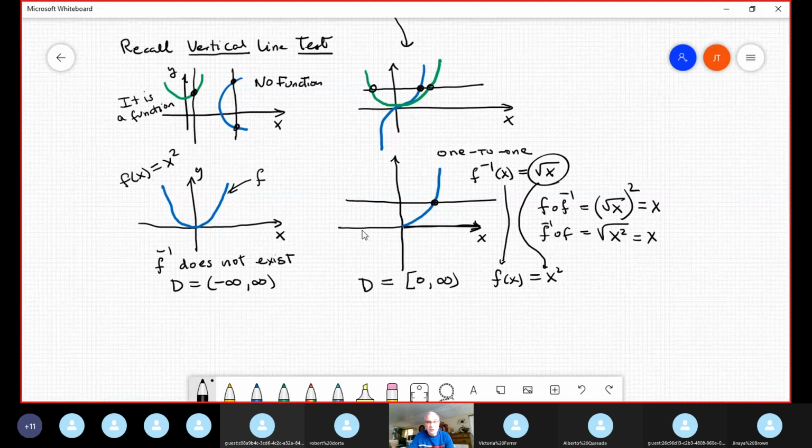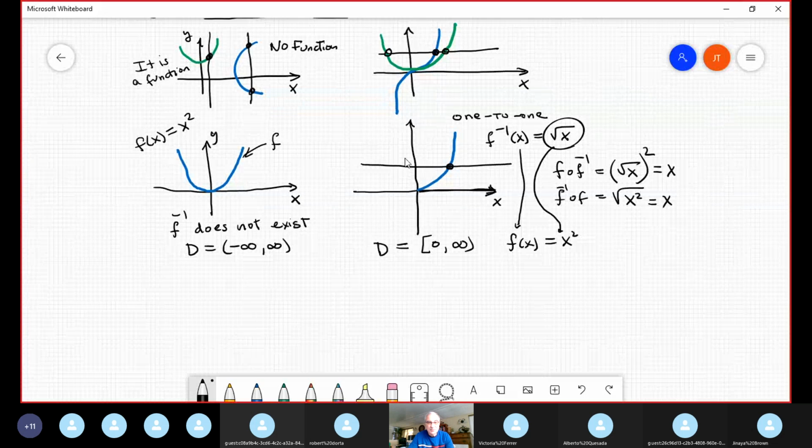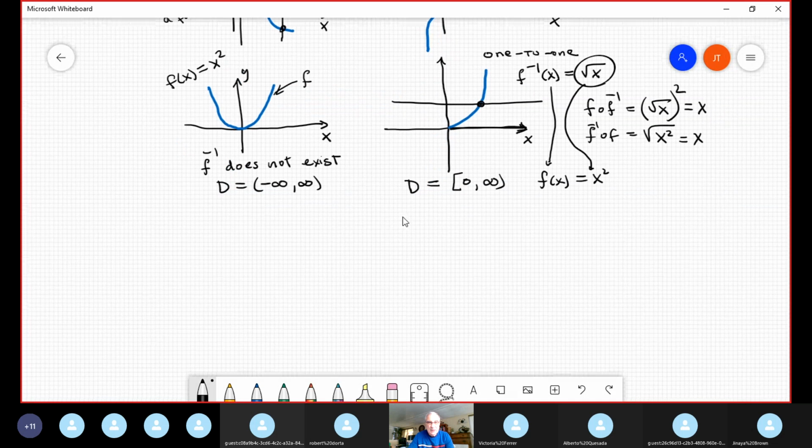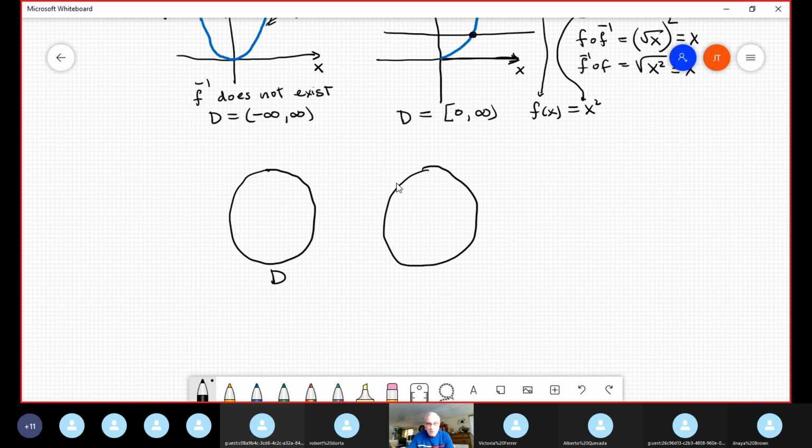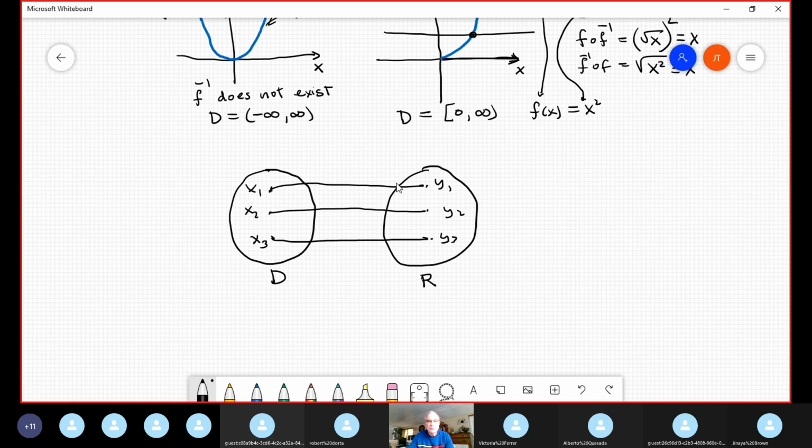One more thing, one more theoretical part before I start the exam. I explain again: domain, range, f one-to-one, nice, I like that. x2, x3, y1, y2, y3, and you have a correspondence, a function.